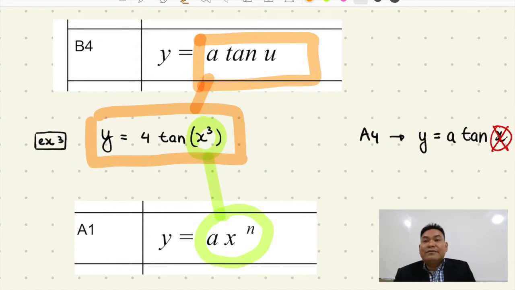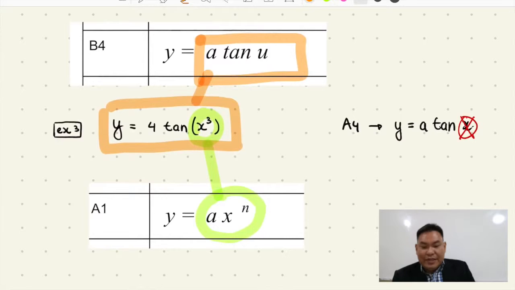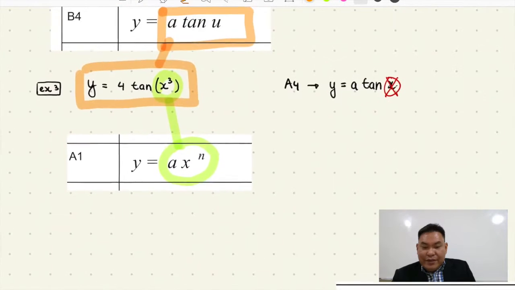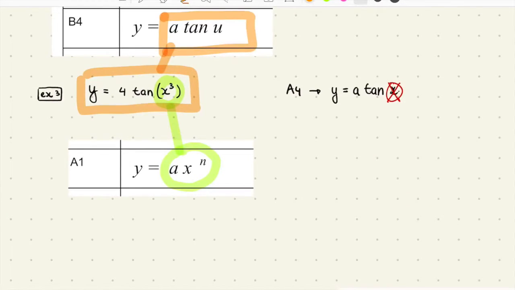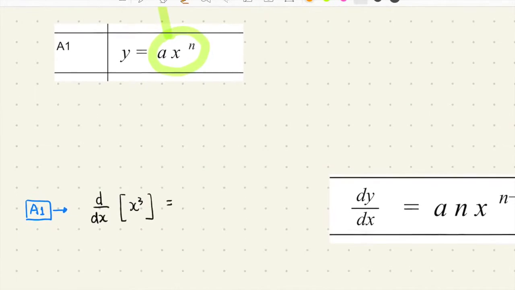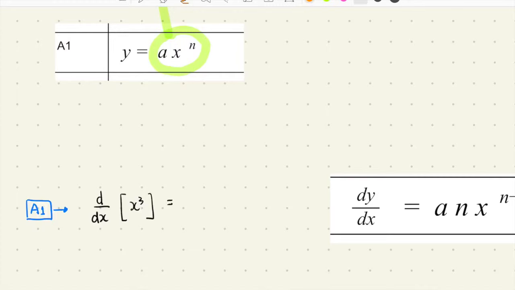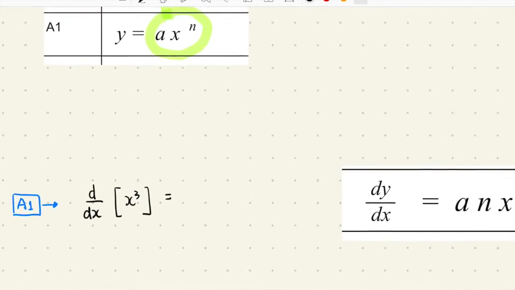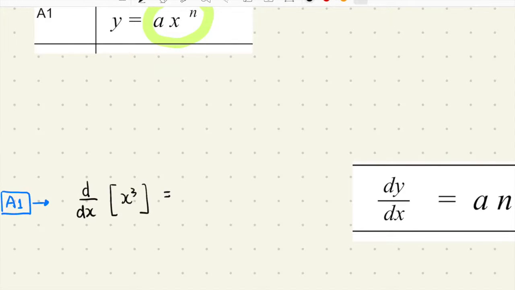Now that we know we must use these two formulas, B4 and A1, which one must we use first? We use formula A1 from the inside. That means we don't do everything, we just differentiate the inside only, for x cubed.